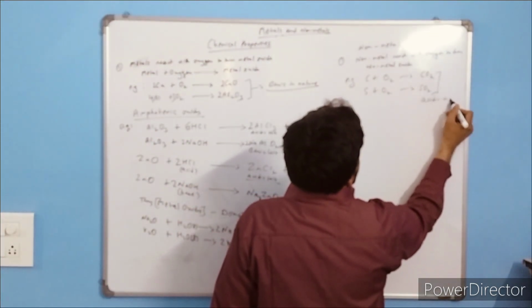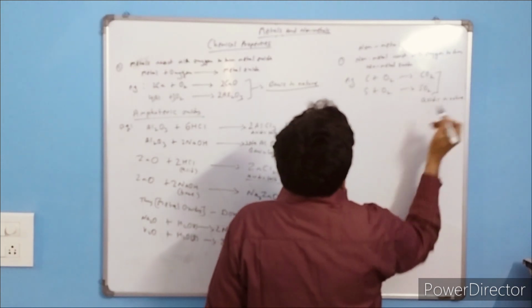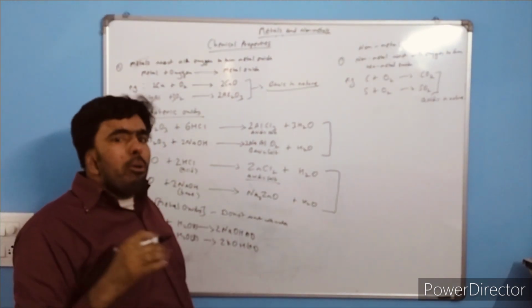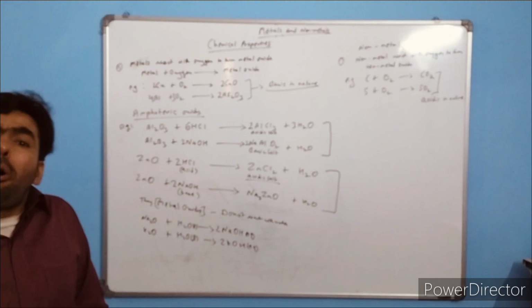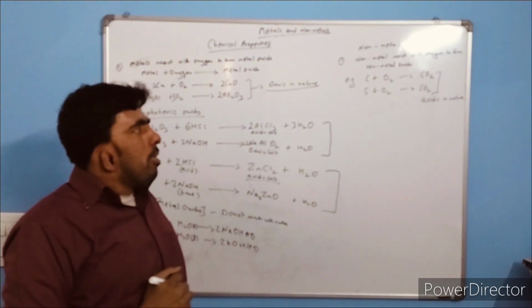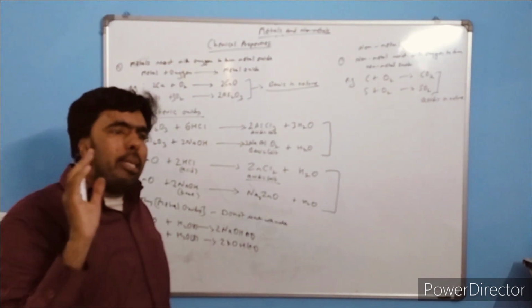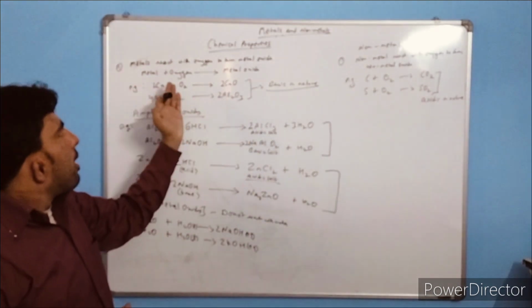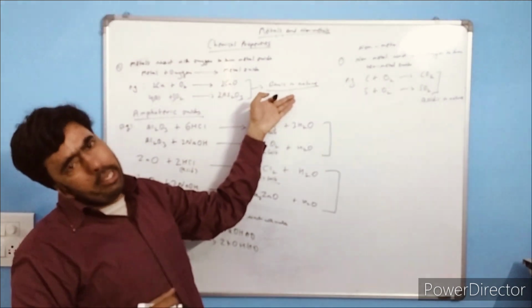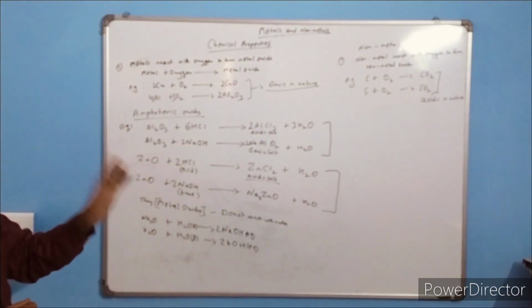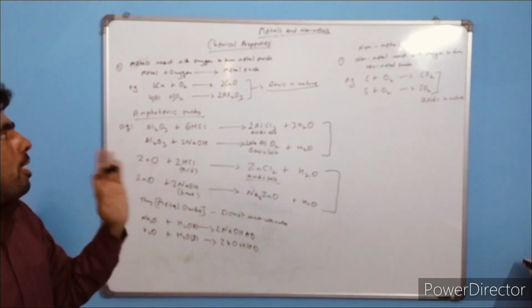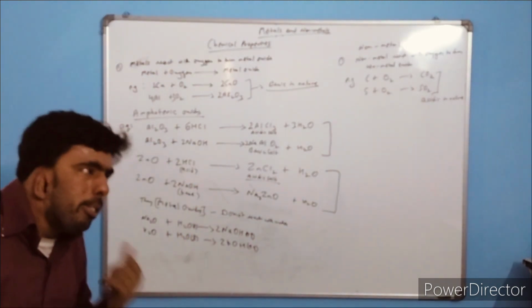The first important chemical property of non-metals is that they react with oxygen to form non-metal oxide, but these non-metal oxides are acidic in nature, whereas metal oxides, formed when metals react with oxygen, are basic in nature. This is the first difference you can easily identify between metals and non-metals in terms of chemical properties.